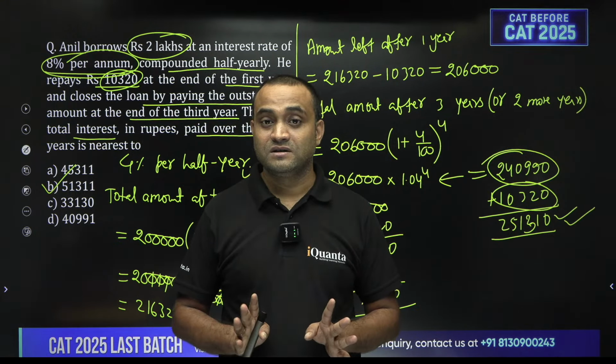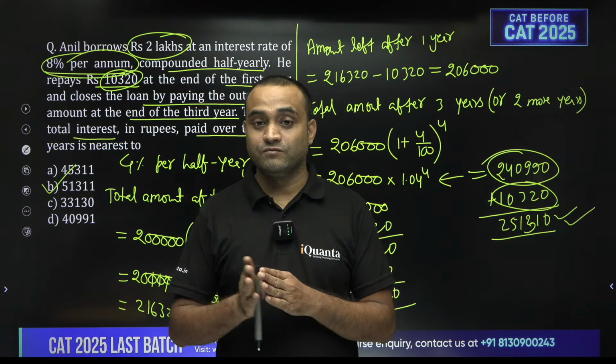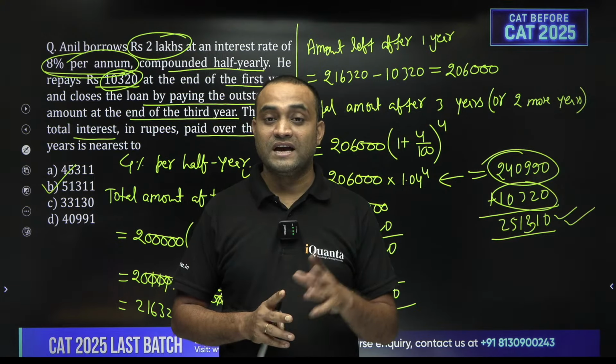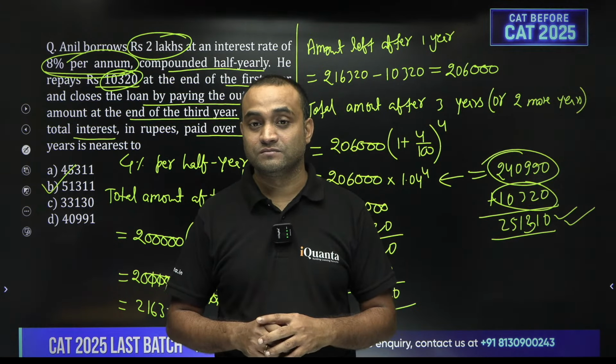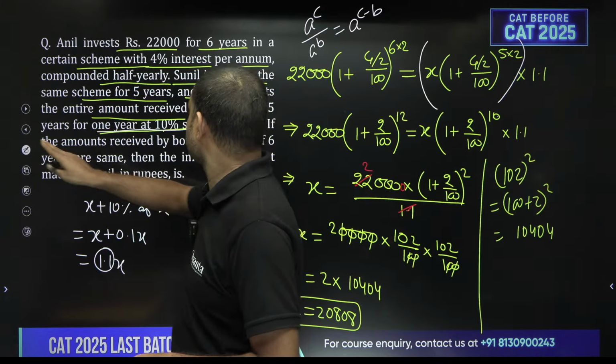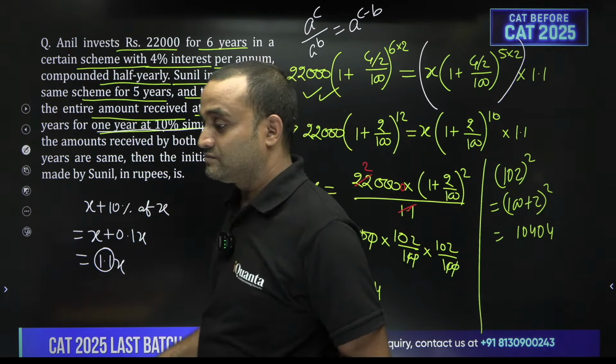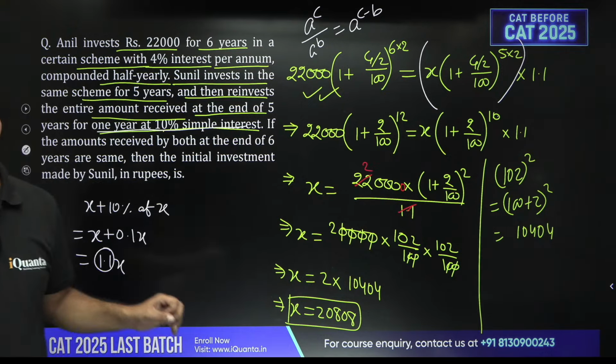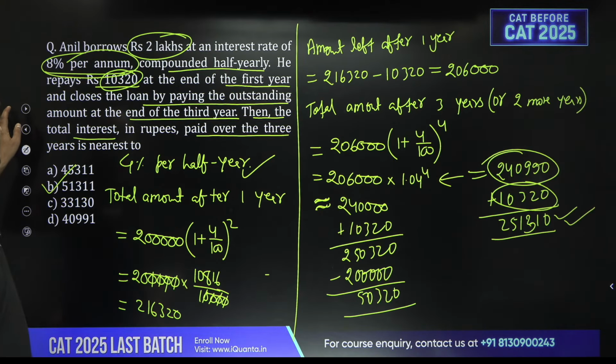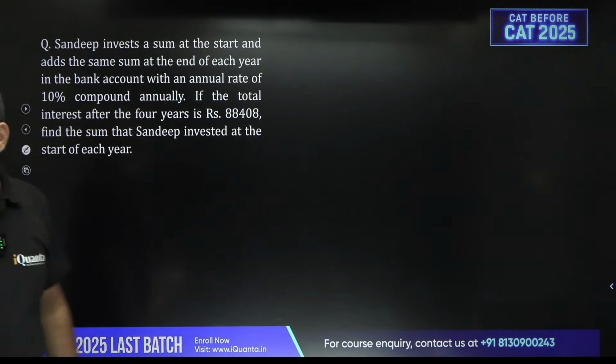Getting my point? 8% per annum, 4% per half year. And in 2 years, there will be 4 half years. Just use this formula. Where did we do this one? This is the same concept. Okay. So B is the correct answer. Chalo, let's go to the next one.